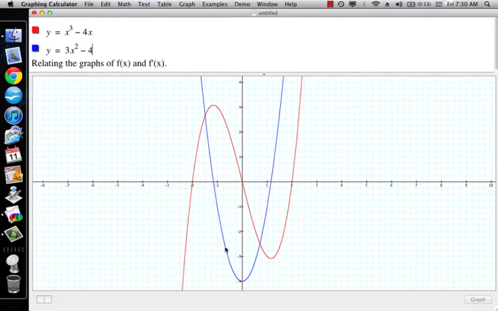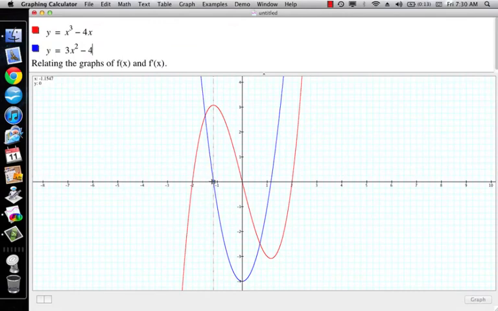In this region here, the blue graph has a negative value, which means that the red graph has a negative slope, which means it's going down. And in this region, the blue graph has a positive value, which means that the slope of the red line is positive.